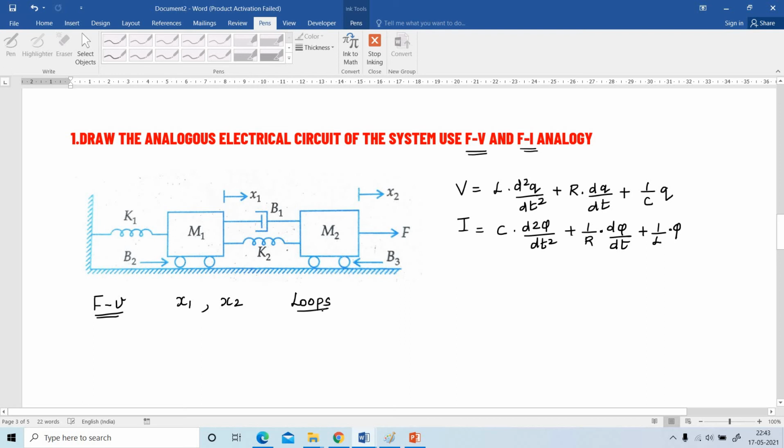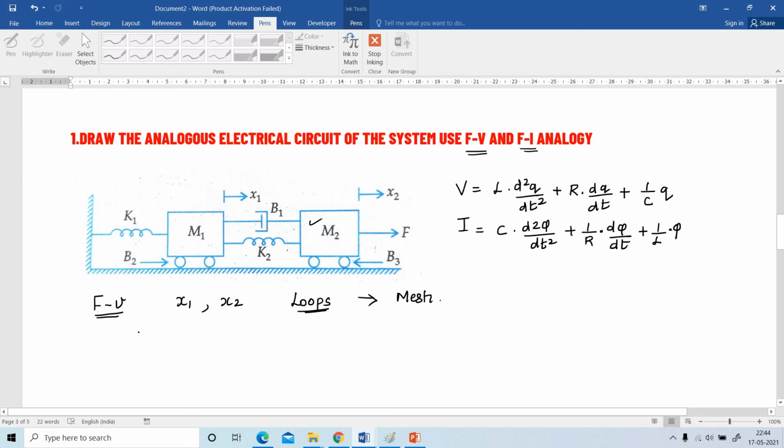Force voltage analogy means that it is the mesh equation, right? Another condition is to always start from the mass which consists of the force element. Here the mass which consists of the force element is m2. So you have to start from the mass m2.